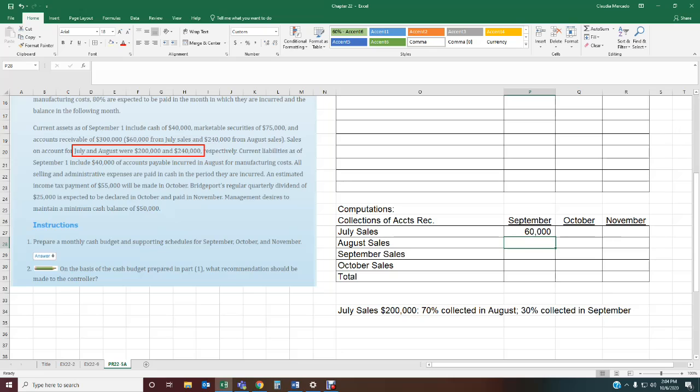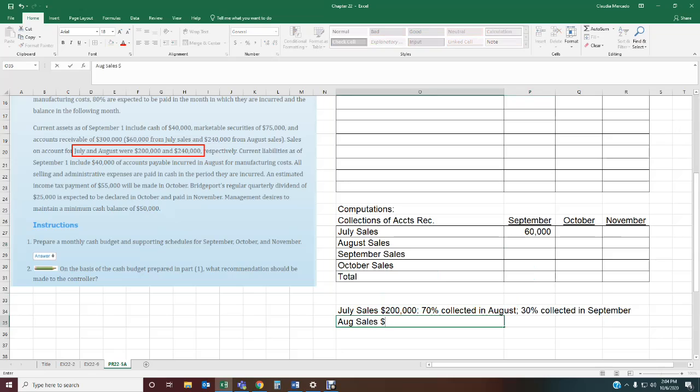Now in August, I had sales of 240,000. 70% is going to be collected in September, and then 30% is going to be collected in October. I'm breaking it down for you down here so that we can see the breakdown.